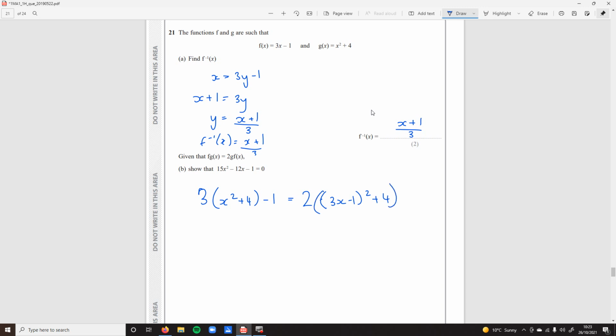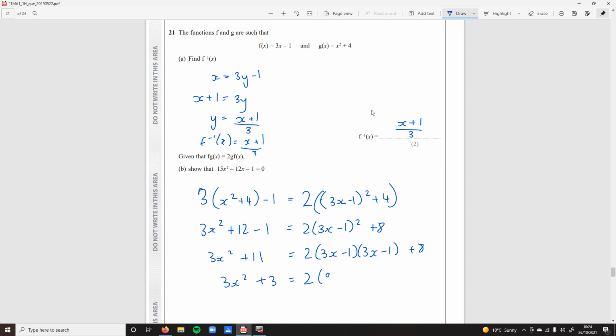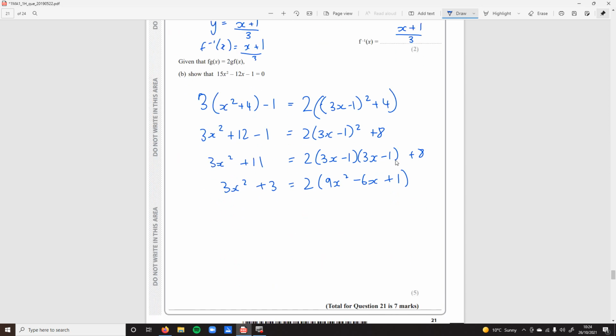Oh, I need to put that all in a bracket. 3x squared plus 12 minus 1 equals 2 lots of 3x minus 1 squared plus 8. 3x squared plus 11 equals 2 lots of 9x squared minus 6x plus 1, which equals 18x squared minus 12x plus 2, sorry.